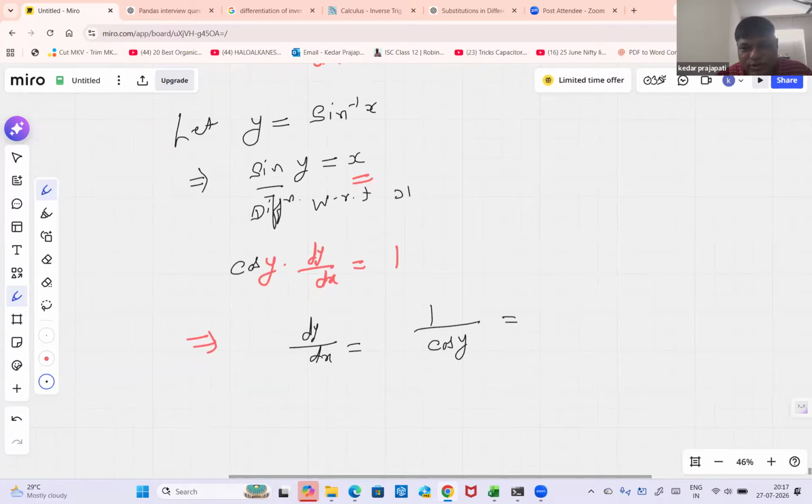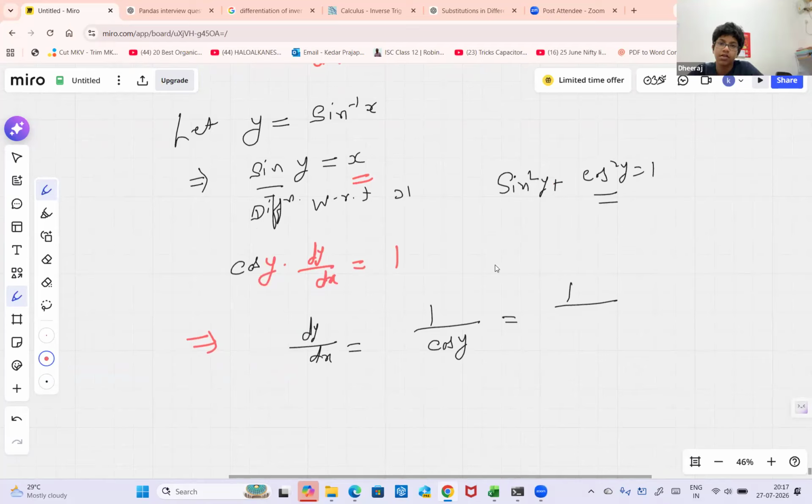So cos y is nothing but, we know, right? Sine square y plus cos square y equal to 1. So cos y will be becoming how much from here? Root of 1 minus sine square y.